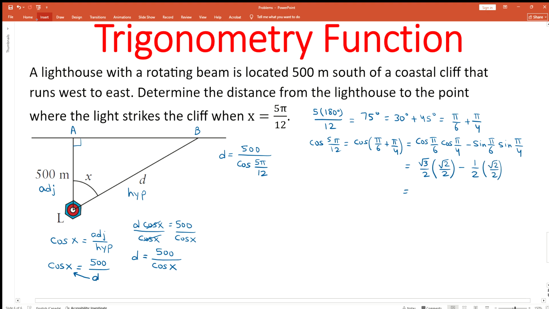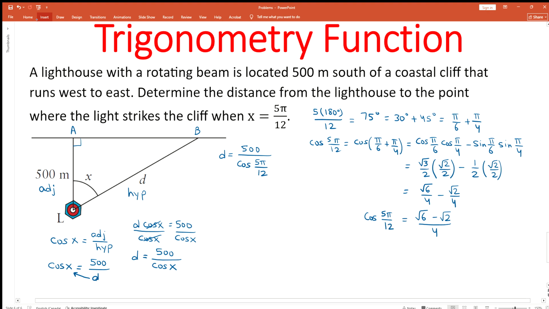Now we can multiply the fractions. We multiply the top terms and the bottom terms. I get square root 6 over 4 minus square root 2 over 4. These fractions have the same denominator, so we can combine them into a single fraction. This is the exact value of cos 5 pi over 12.